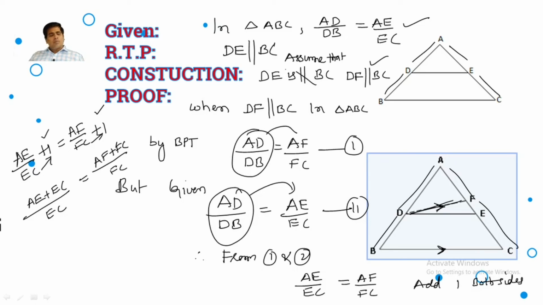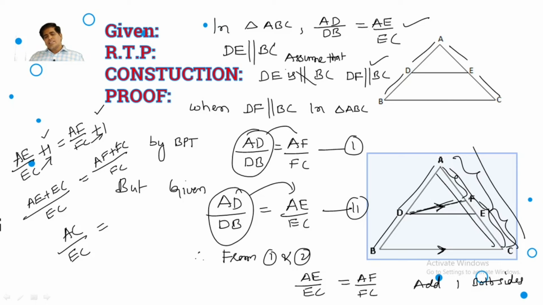So from the figure, what do we mean by AE plus EC? Look at AE. AE plus EC is nothing but the total AC. So I can write it as AC by EC is equal to, from the figure, AF plus FC, which is again AC, so AC by FC.